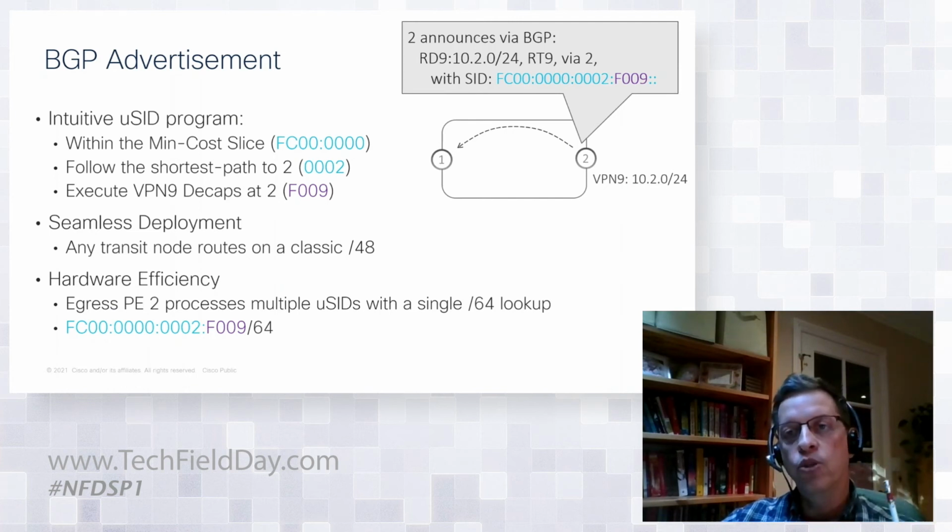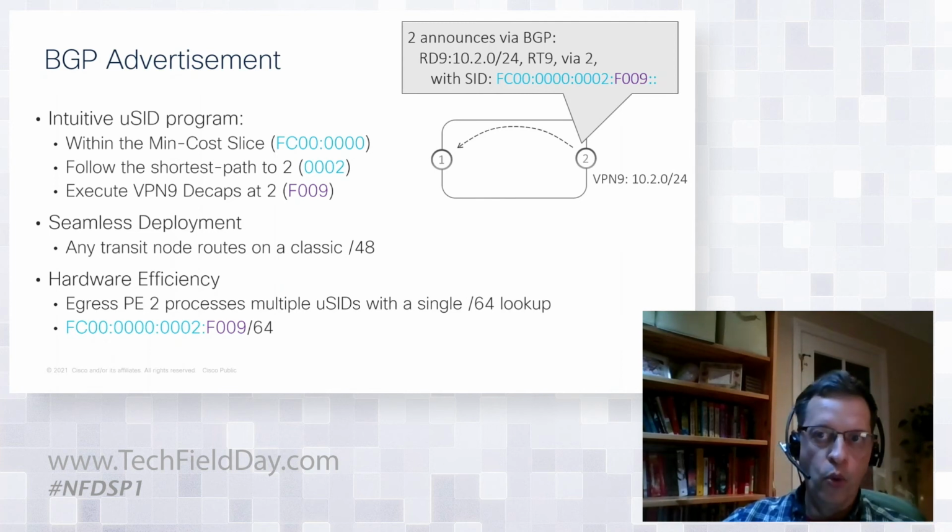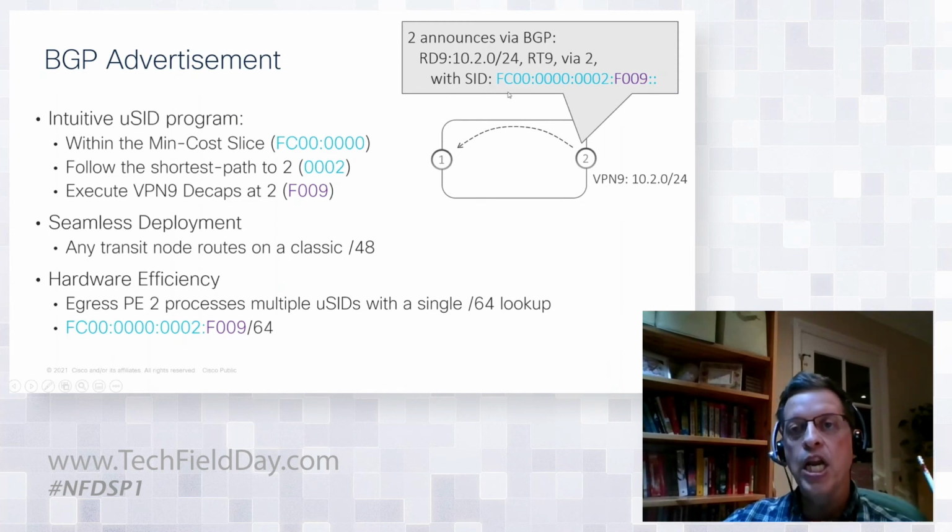Imagine, for example, that I want to advertise the prefix 10.2.0/24 in VPN number 9 over the block that minimizes the cost, in blue. So now the SID advertised by BGP will include the carrier, including the segment of how to get to 2 in the minimum cost block, and another instruction, in this case F009, which is an instruction that will tell router number 2 to do a VPN 9 decap.